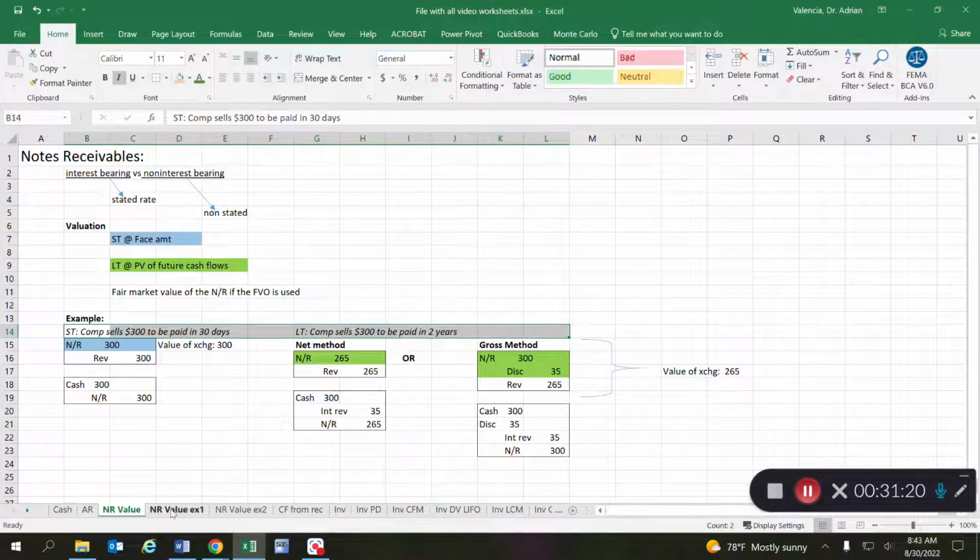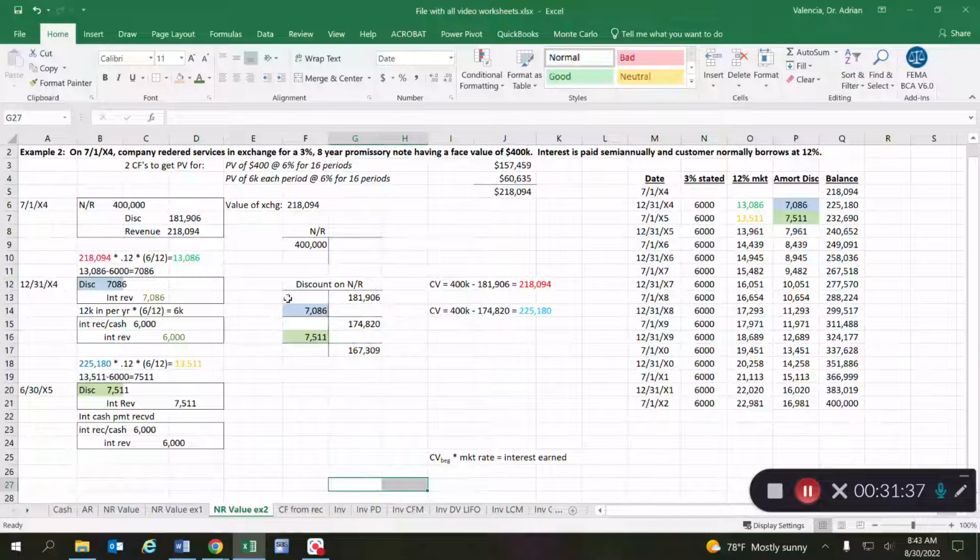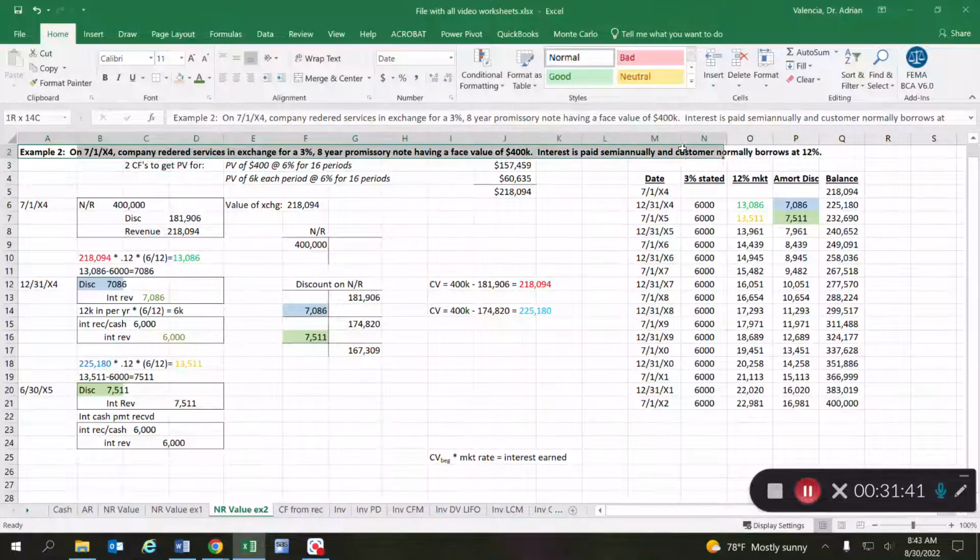And as we get involved in more convoluted type transactions, as you saw here, that whole concept is still the same. There's a value of the exchange, and you need to determine what that is. Same here. We determined there was a whole bunch of numbers that were presented, right?